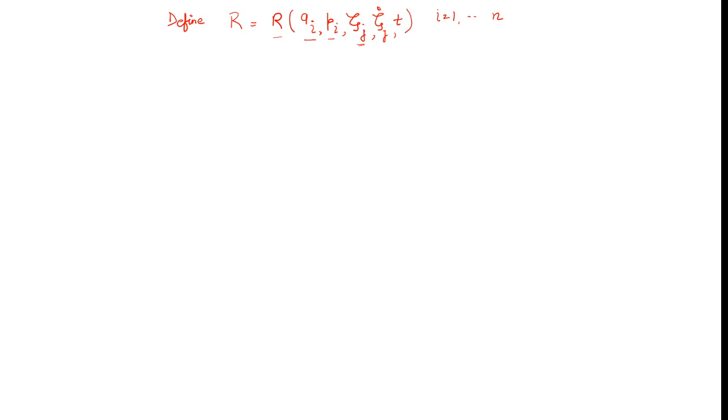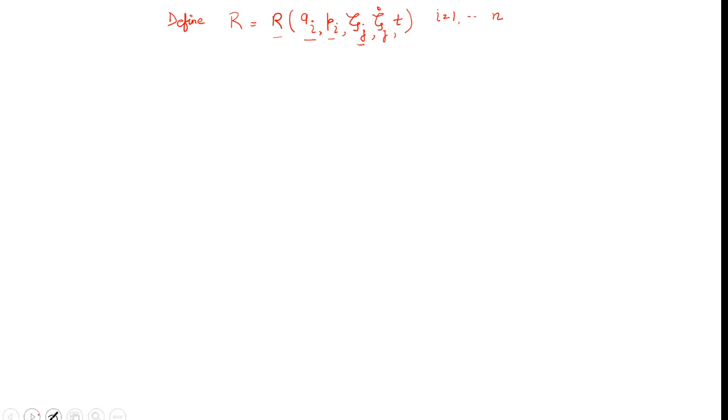Because at this stage, while defining the Routh function, I have assumed that these qi are cyclic, which I'll use later. This property will be used later, and therefore corresponding velocities are not present in this expression.